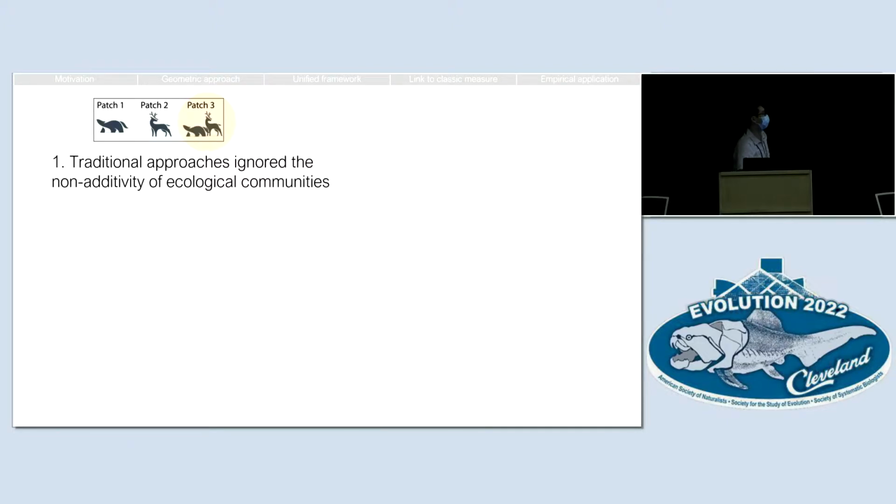the traditional approaches have ignored the non-additivity of ecological communities, essentially that ecological communities with more diverse species actually behave differently from those with a smaller number of species. And it's very important to consider the patch level variation instead of species level variations across the spatial regions.